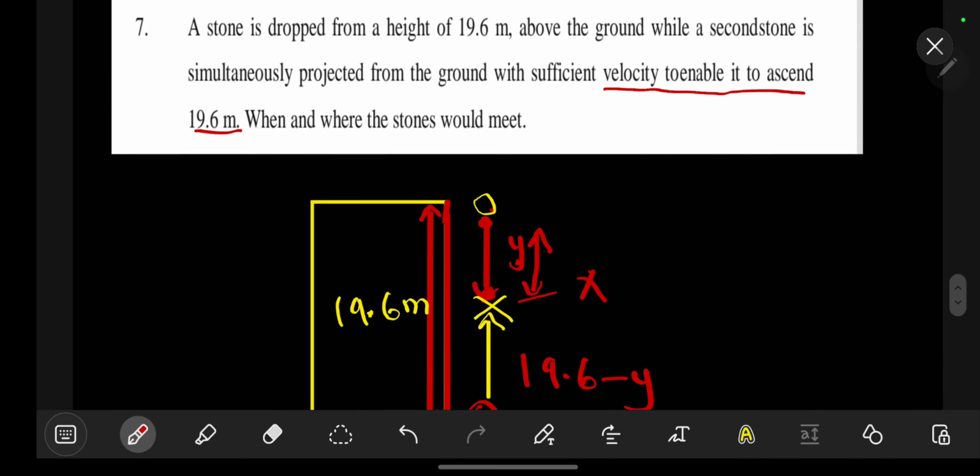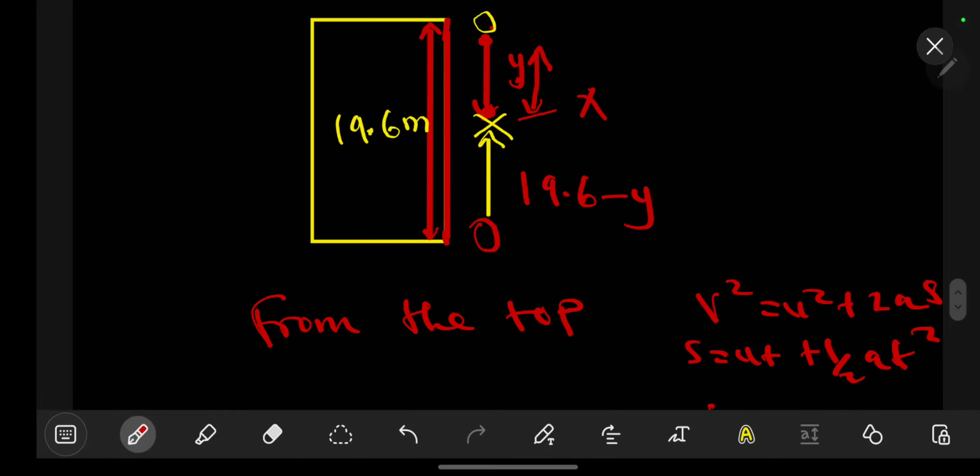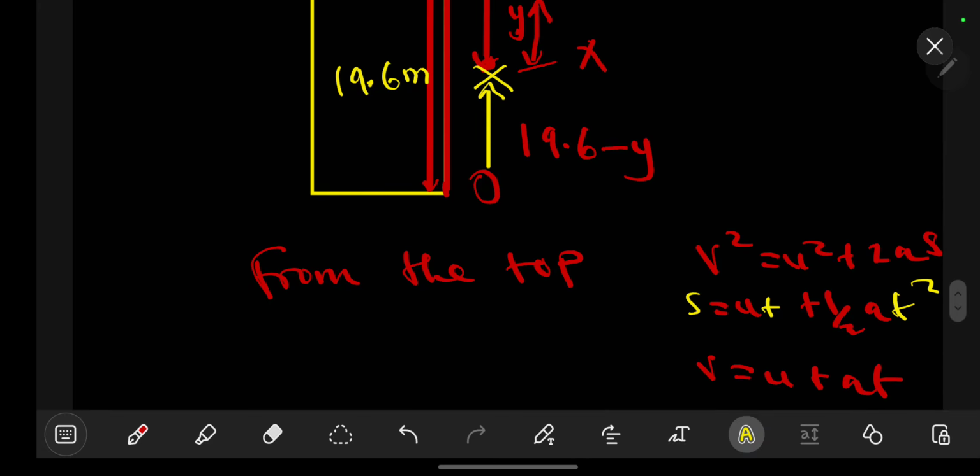The question is asking when and where, when they are talking about time, and where they are talking about the position, or rather the displacement. So we need the equation that has both where and when, so we are going to use S equals UT plus half AT squared, since it has got both of them.